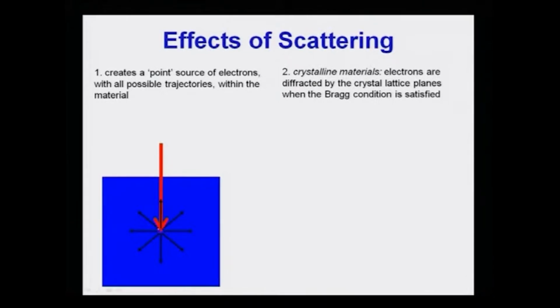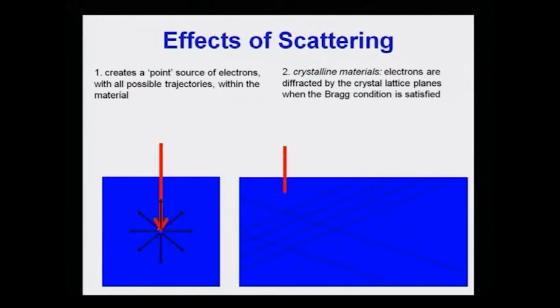In crystalline materials, you have atomic planes, and these crystal planes can cause diffraction, provided Bragg's law is satisfied. If you have a number of crystal planes in the material and the electron falls, they can also get scattered, but in some cases, if the crystal planes are oriented properly with respect to the electron beam so that Bragg's law can be satisfied, we can have diffraction.